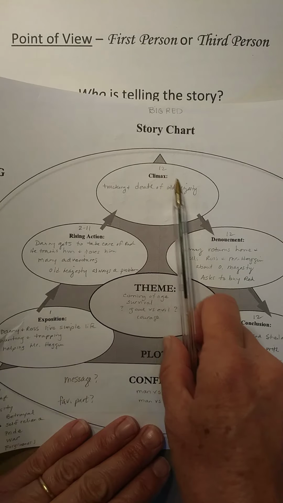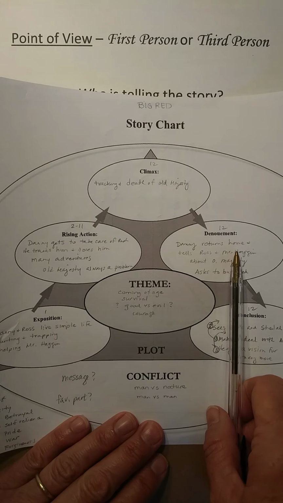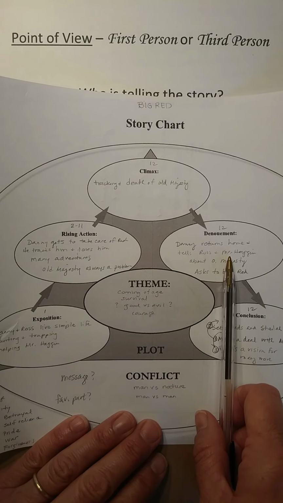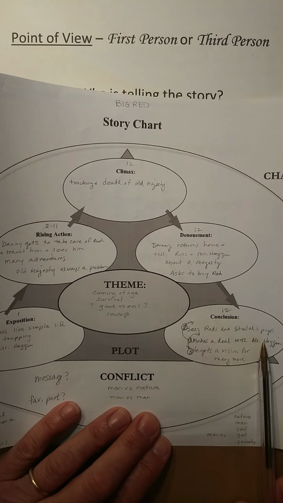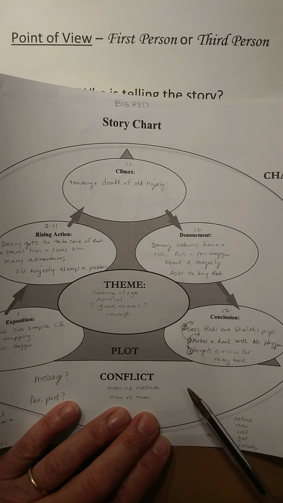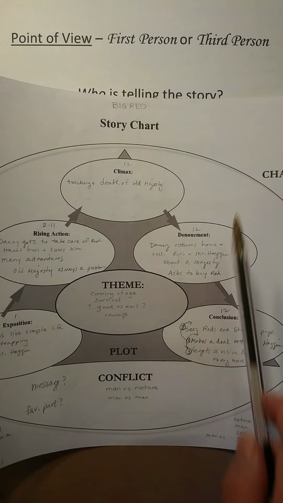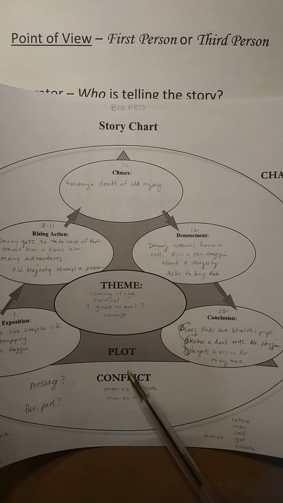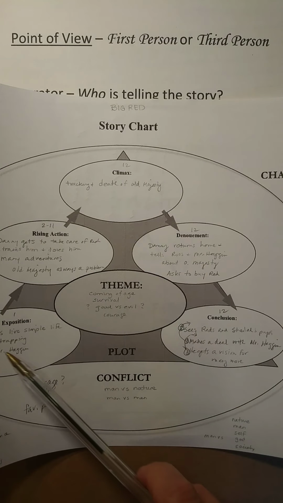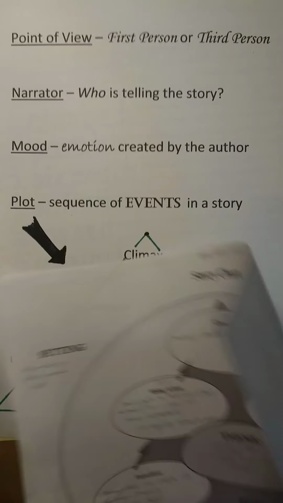And then coming down, we have the fact that Red is injured, and he has to tell Mr. Hagen about that. And then he finally sees the puppies and gets the vision for raising animals. Okay, this is the plot of the story. There's also theme and conflict, but we're not talking about that now. We're just talking about the plot. The plot is the sequence of events.